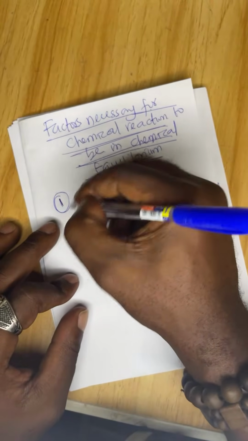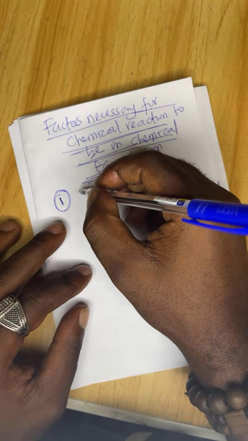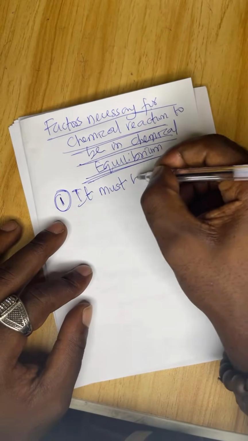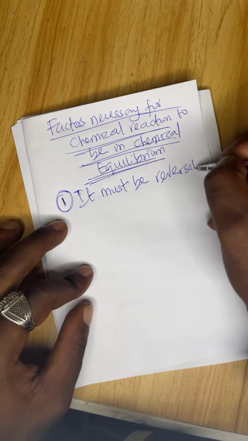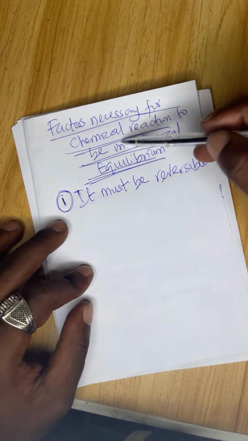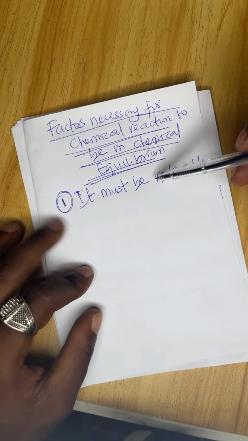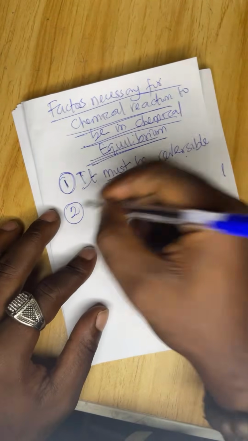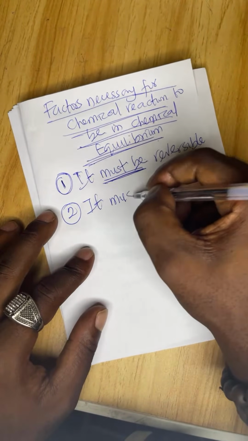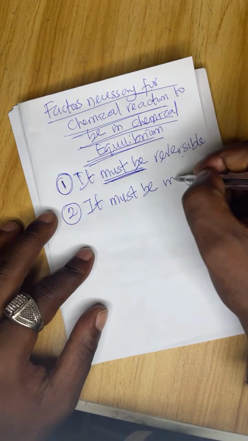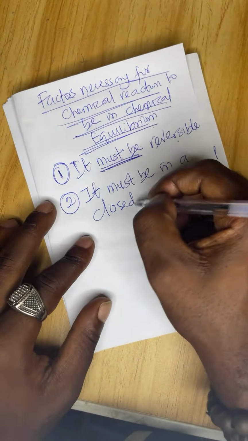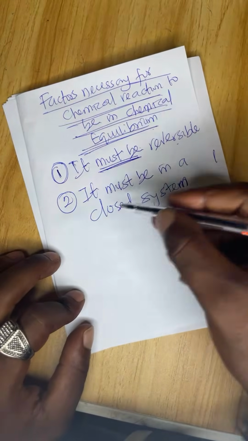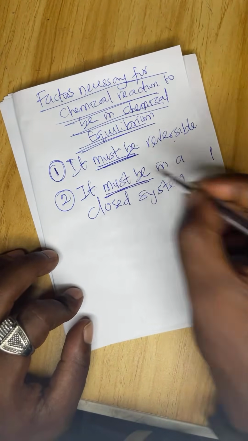Number one, the reaction must be reversible. Please underline the word must be. Number two, it must be in a closed system. Look at it, I did not say it may. What did I say? It is a must.